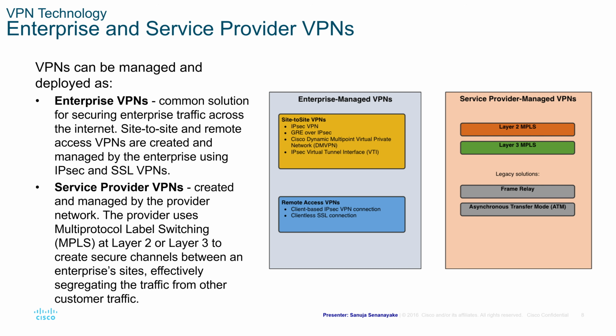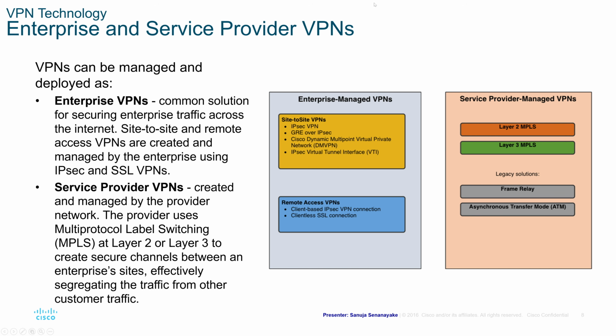So basically, in this situation, instead of a single company creating that enterprise VPN infrastructure, a service provider is going to create and manage the VPN, and they're going to use something like MPLS, the multi-protocol label switching at layer 2 or layer 3, for securing and effectively separating data from other users. So that's how that's going to happen.